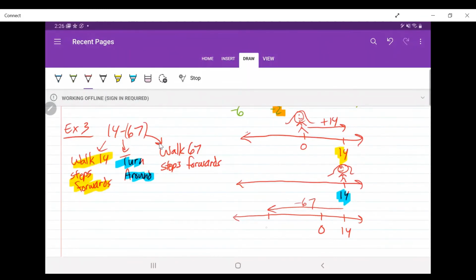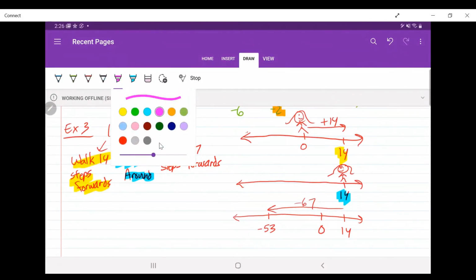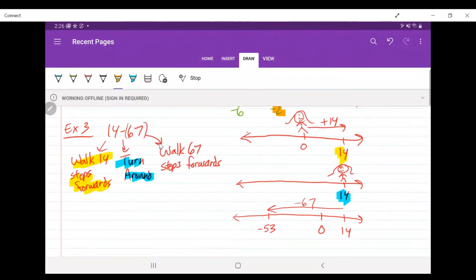We are left at negative 53. So when you're facing to the left and you're walking 67 steps forward, you eventually get to negative 53. So 14 minus 67 is equal to negative 53.